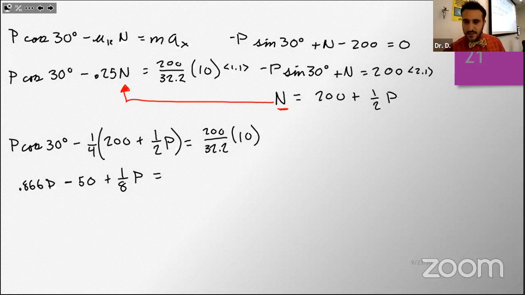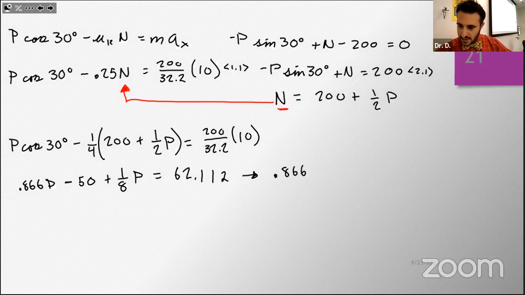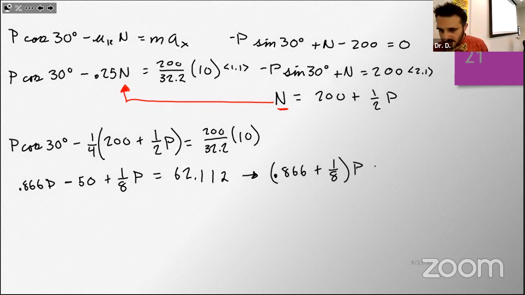That should be 62.112-ish. So I'll add 50 to both sides. That'll be 0.866 plus 1/8 times P is equal to 112.112.